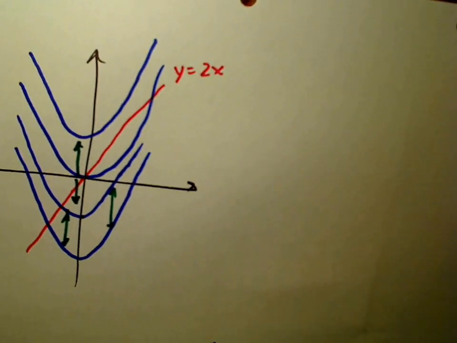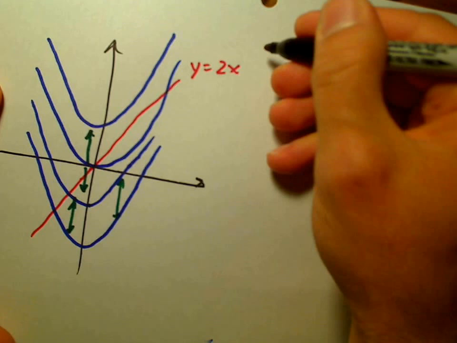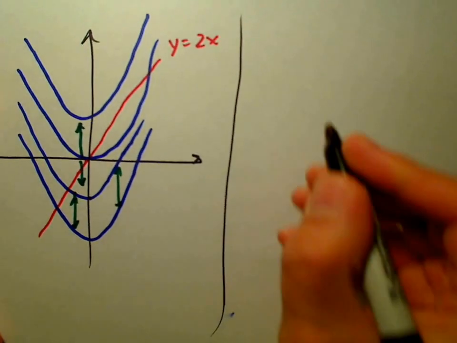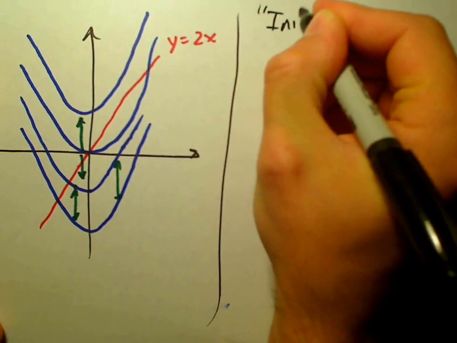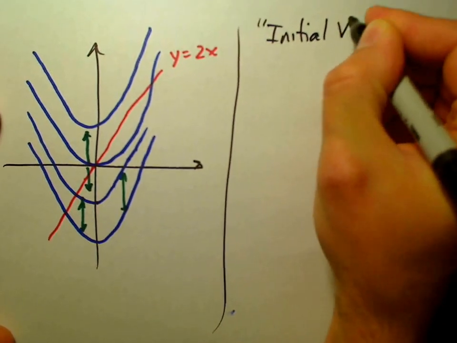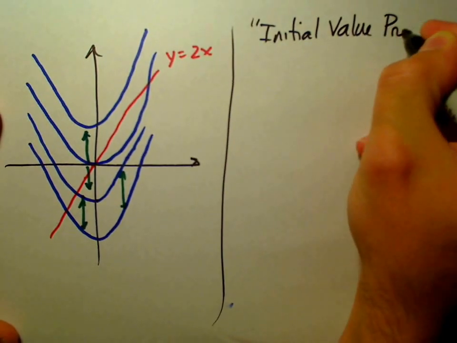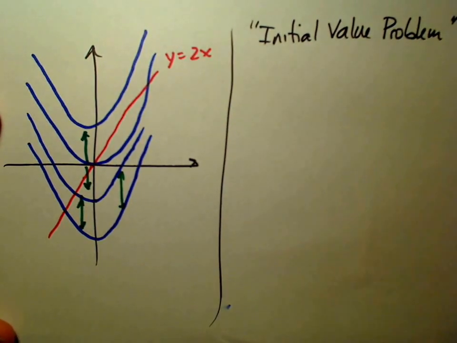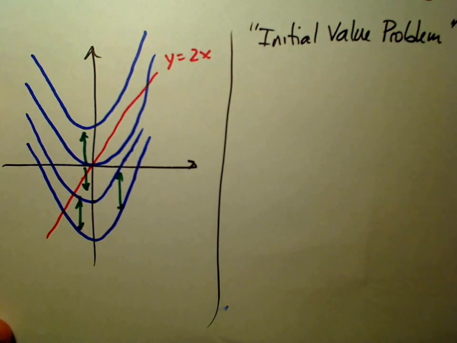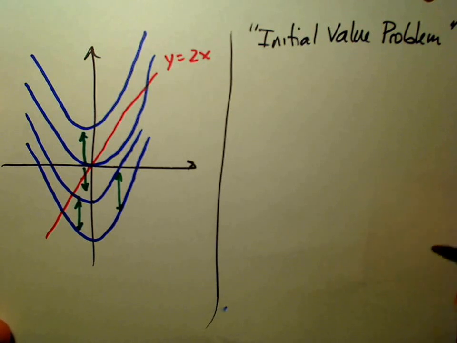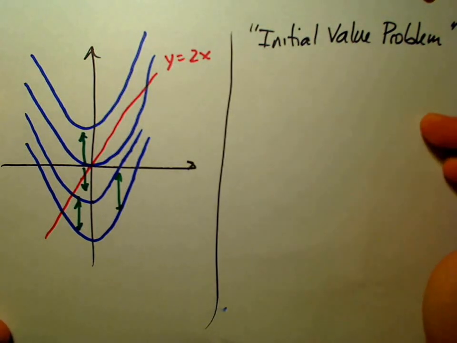So there's one last flip to this, and that is what is sometimes called an initial value problem. Well, even though there are infinitely many antiderivatives, sometimes you want a particular one because you know, for example, the starting point of the plane whose velocity information you have.